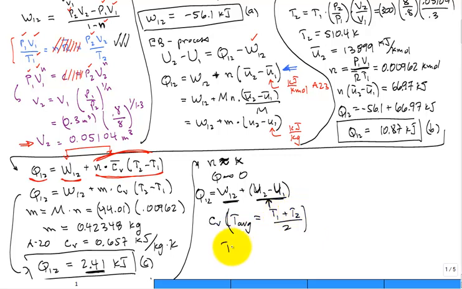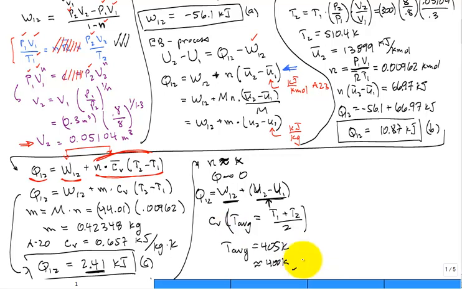If you calculate the average temperature for this problem, it comes in around 405 Kelvin. Well, let's round off to 400 Kelvin because that's what Part D asked. Part D says use the constant specific heat evaluated at 400 Kelvin.